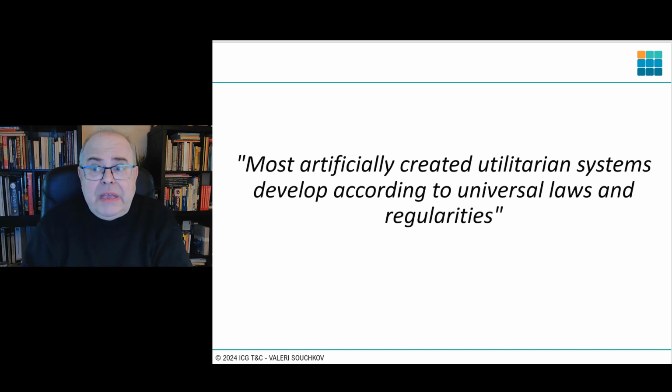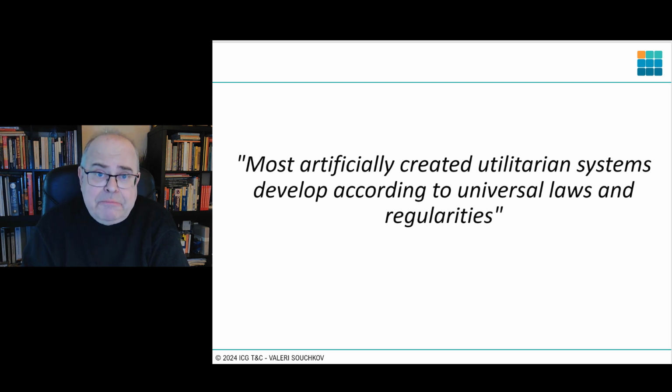So, as we know in technical TRIZ, the tools are evolving by following certain regularities. So why not assume the same in business systems?